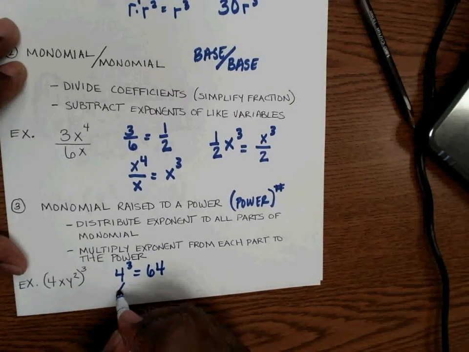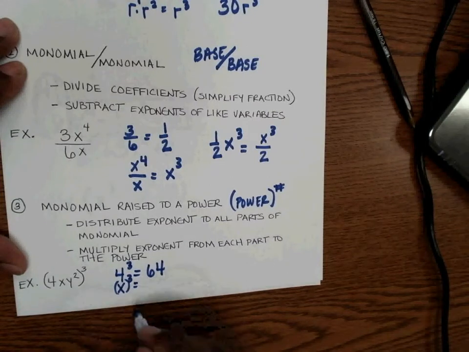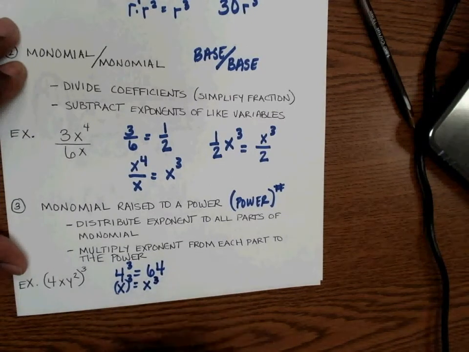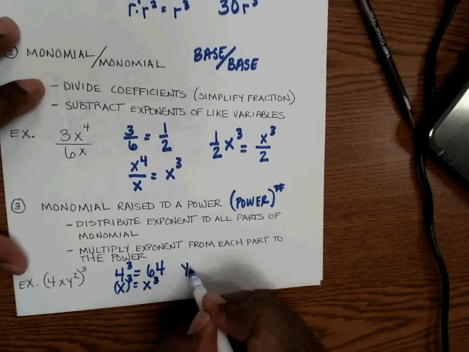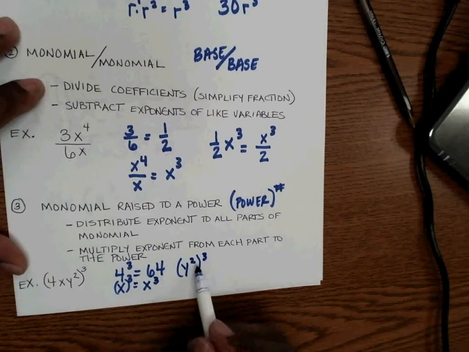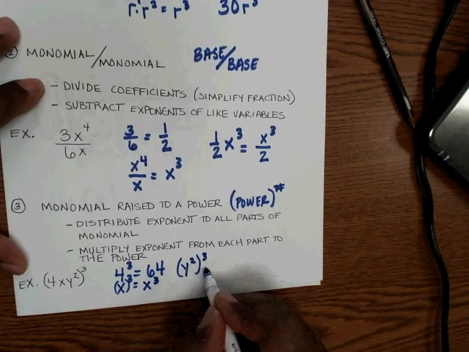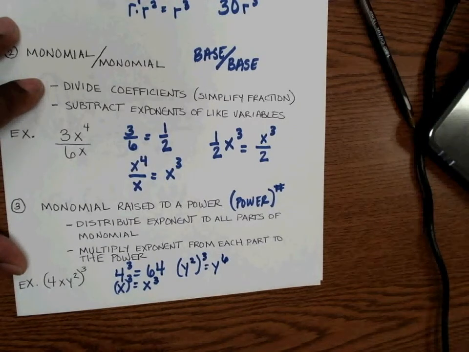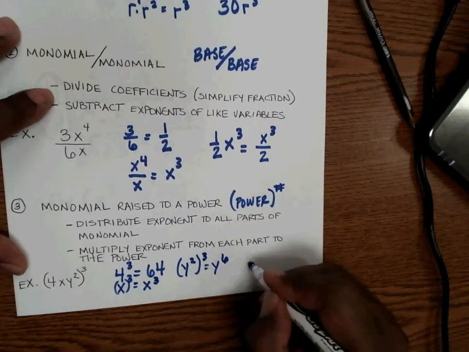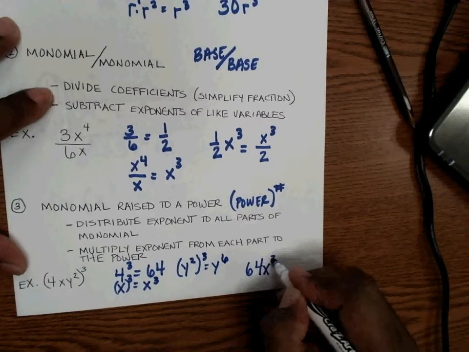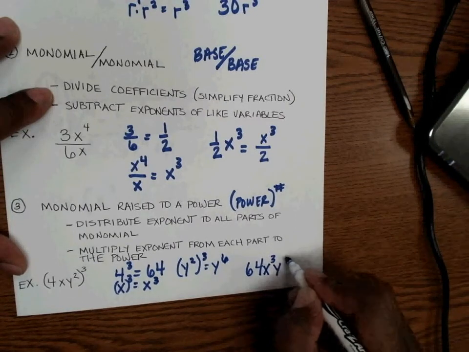You would have x raised to the third power, which is just 1 times 3, which gives me x to the third. And you would have y squared raised to the third power. 2 times 3 would give me the value of y to the 6th, thus giving us a combined answer of 64 x to the third y to the 6th.